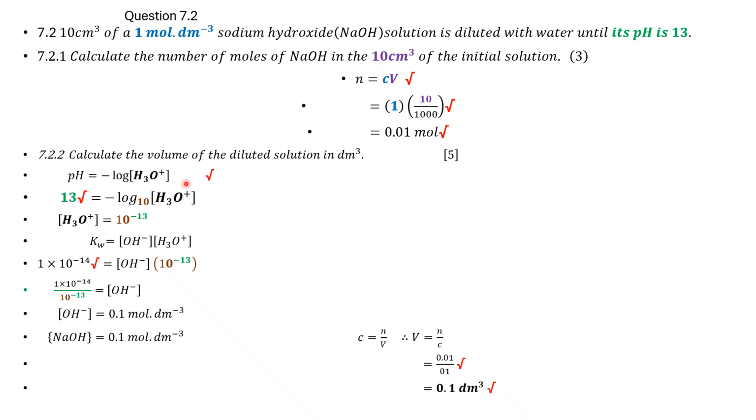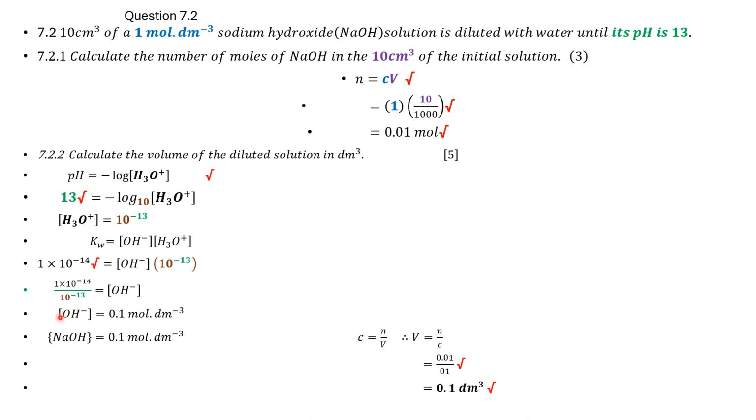Now remember, we want the volume of the diluted solution, which is sodium hydroxide, so I need to know the concentration of OH minus. So from there 10 to the negative 14 divided by 10 to the negative 13 would give me 0,1 or 10 to the negative 1, which is 0,1 moles per decimeter cubed.